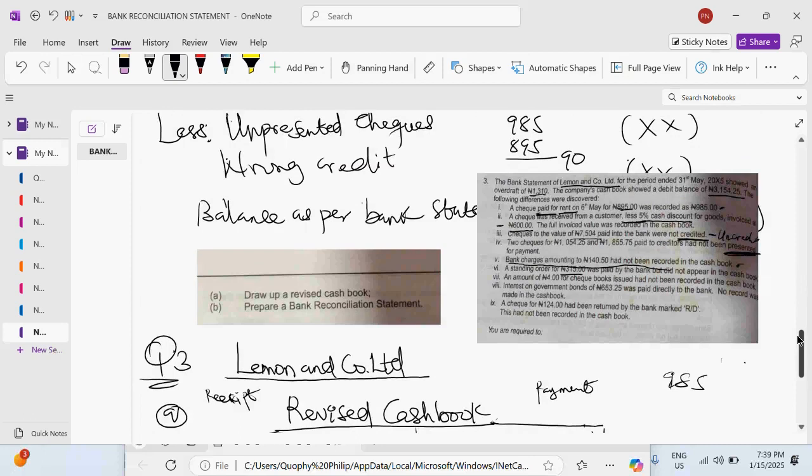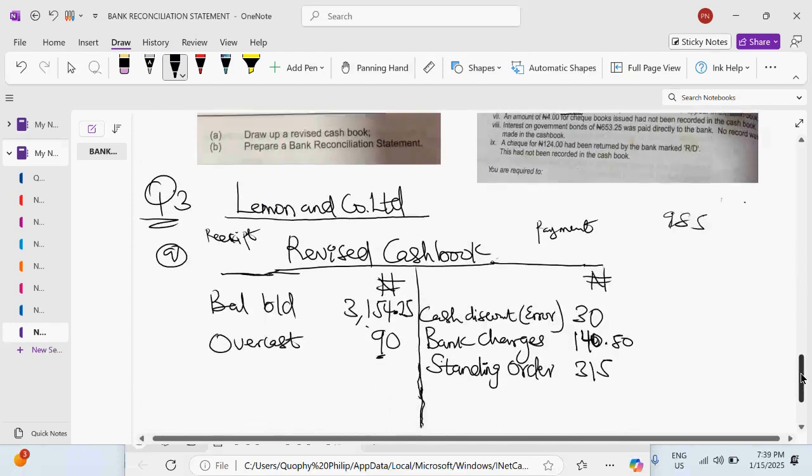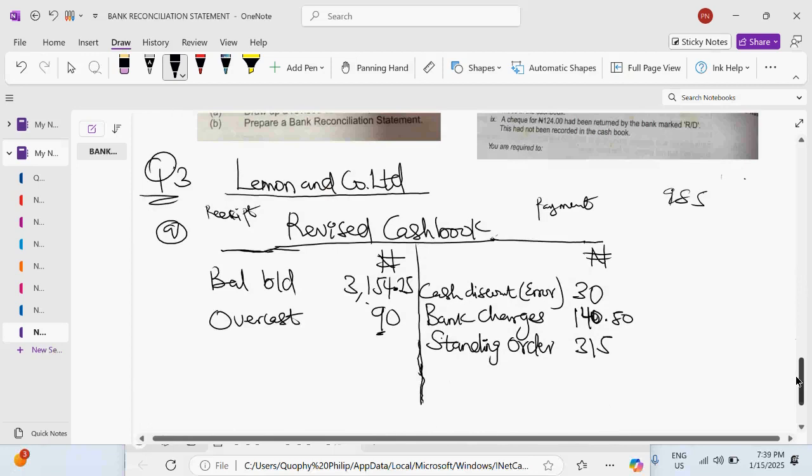So now an amount of 4 naira for checkbooks issued had not been recorded in the cash book. Is it a receipt or a payment item?